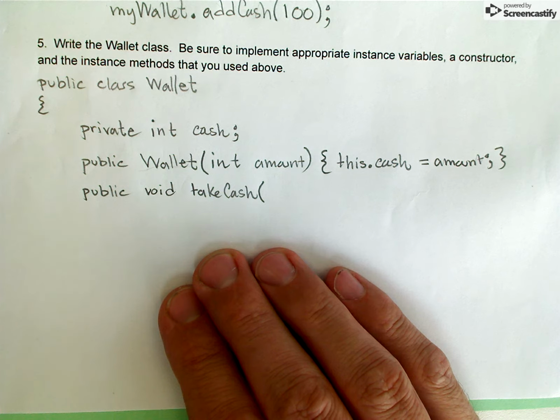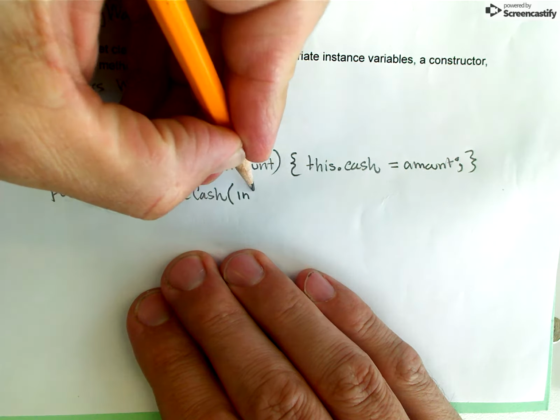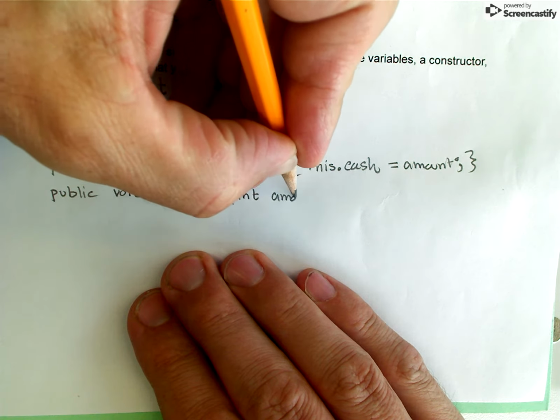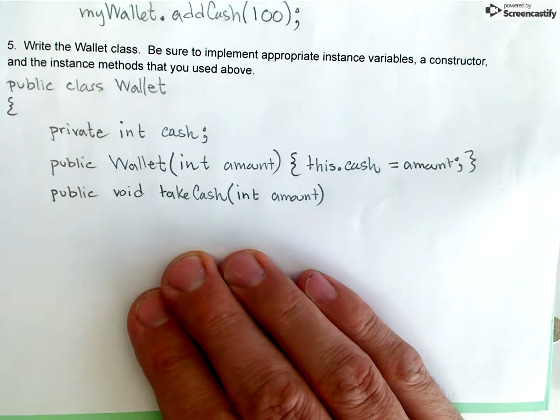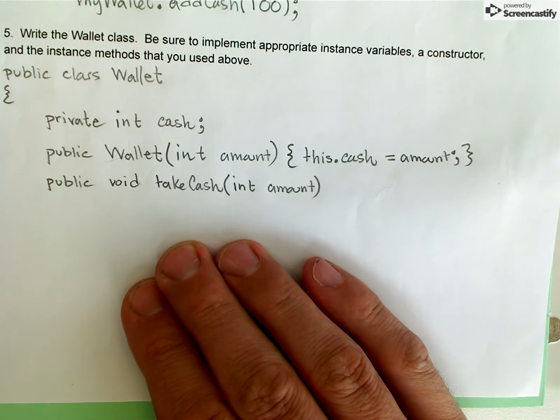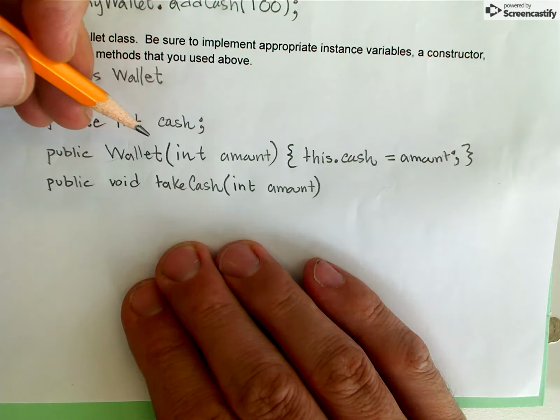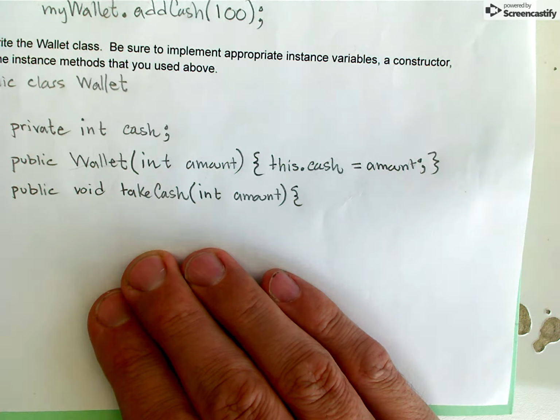And I need to write a parameter here. I'll use amount again, because this time it's the amount of cash that the user is taking out. And so I'm going to subtract that from my instance variable.